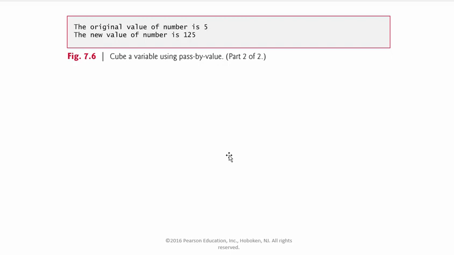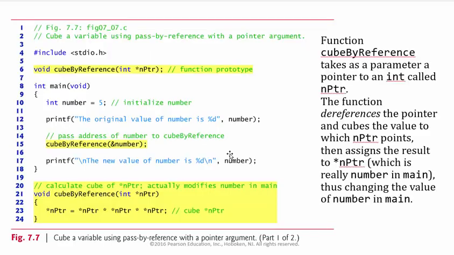Now let's do our pass by reference example, which will use a pointer. So here's my function prototype, cubeByReference. Its parameter is a pointer. The pointer, remember, is an address of where a variable that you're going to use is located. Here's the actual function definition with a pointer.